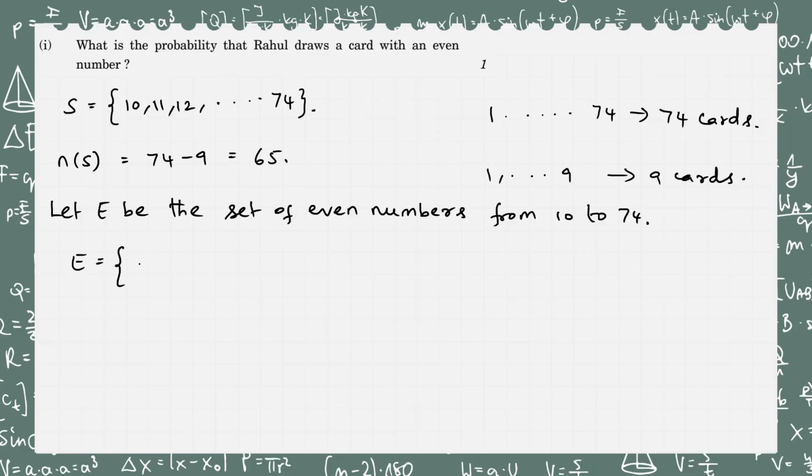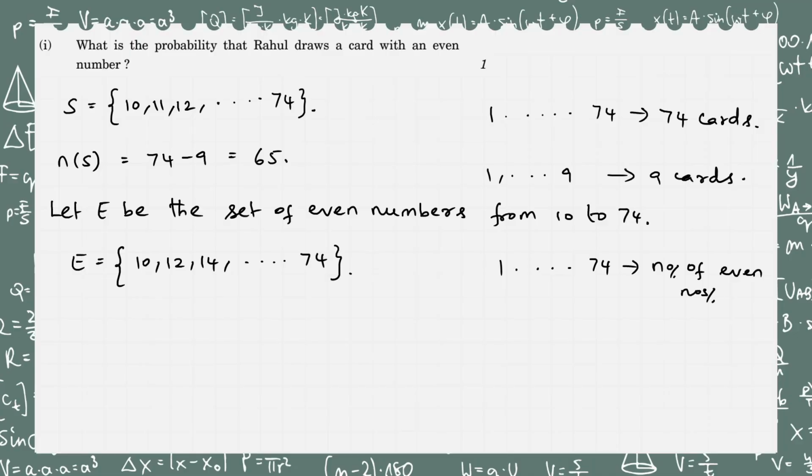Starting from 10, 12, 14, etc. It ends with 74. Okay, so here also we can use the same technique. So from 1 to 74, the number of even numbers. How can we find the even numbers?